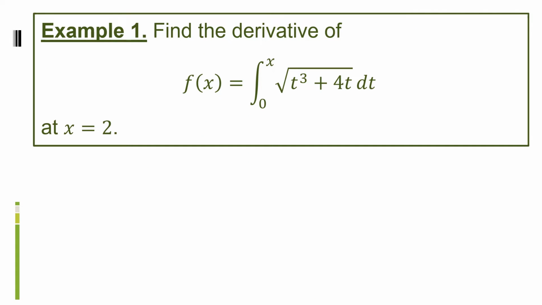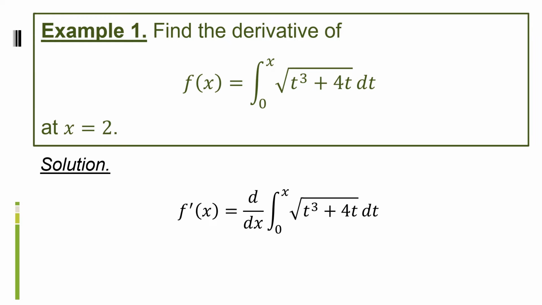So let's have some examples and find the derivative of f(x) equals the definite integral from 0 to x of the square root of t cubed plus 4t dt at x equals 2. So for our solution, using FTC part 1, f prime of x is equal to d over dx of the definite integral from 0 to x of the square root of t cubed plus 4t dt.